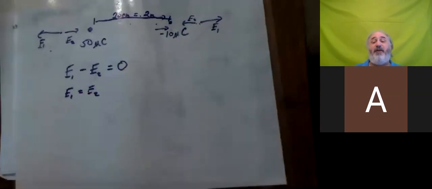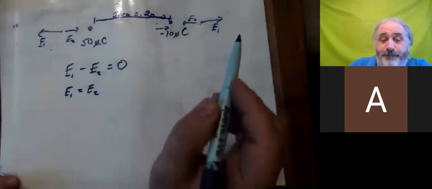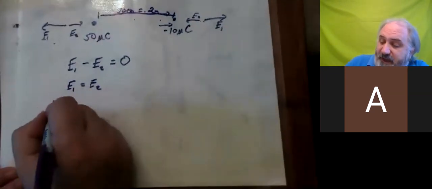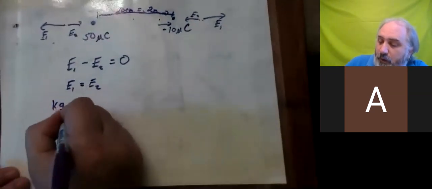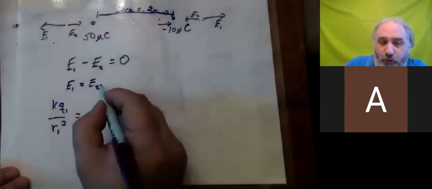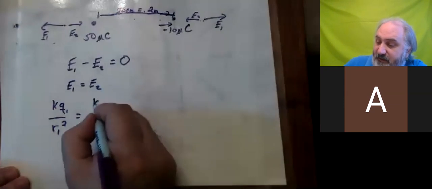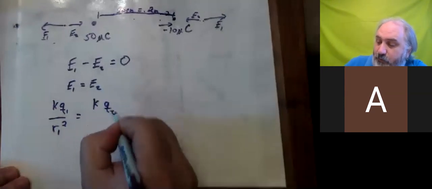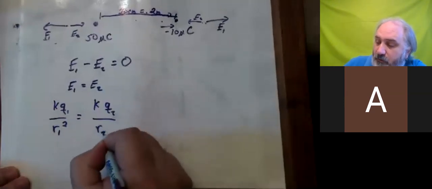They have to have the same magnitudes. Now, E1 is K times Q1 divided by R1 squared. E2 is going to be K times Q2 divided by R2 squared.